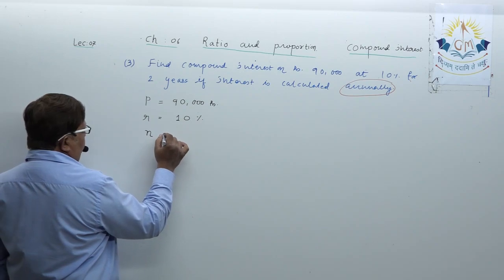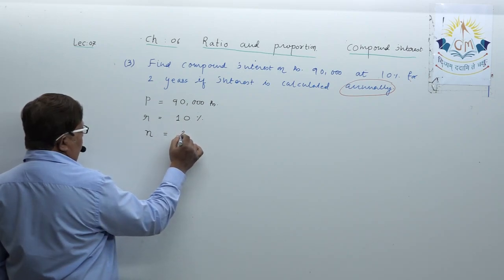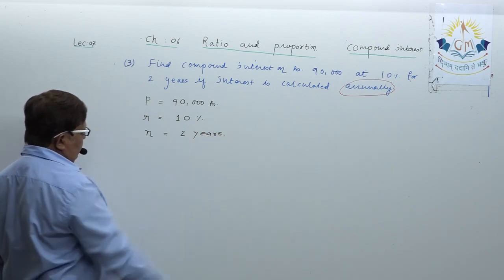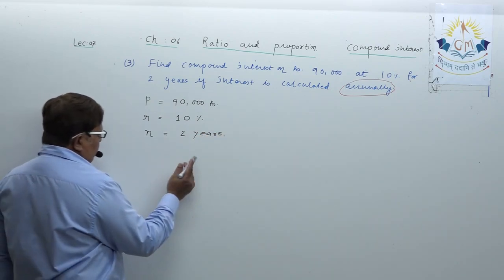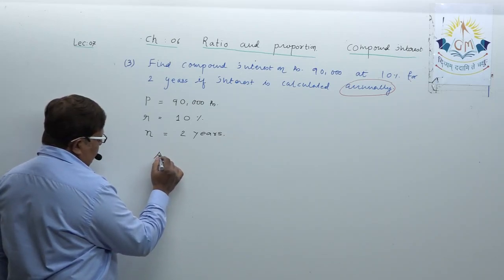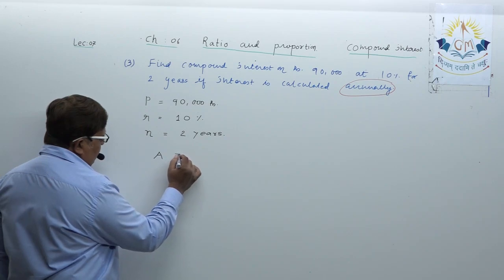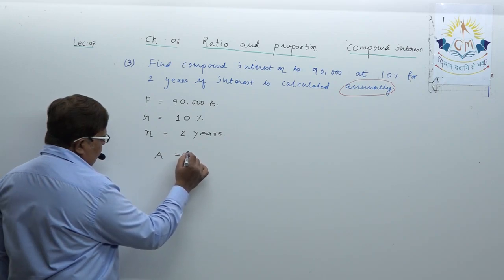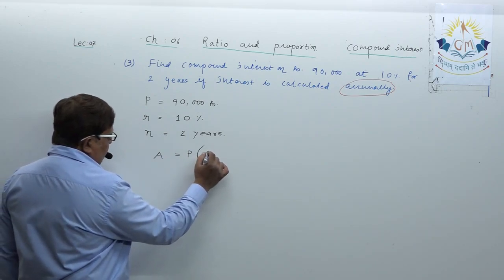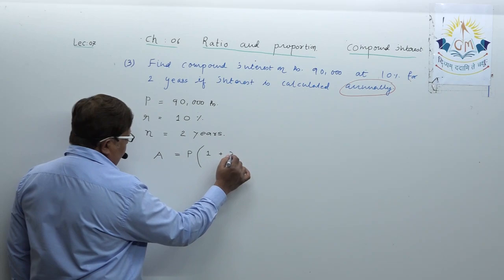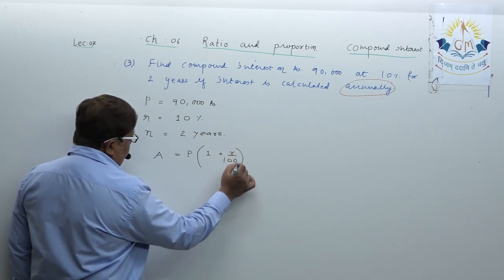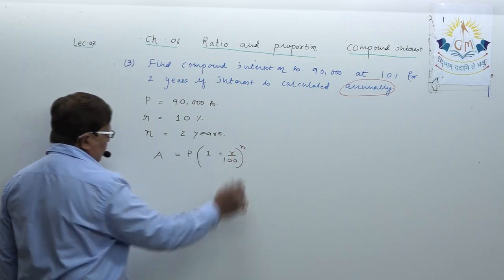And what is the period for which you are going to count the interest? 2 years. Okay, let us first write the formula. A equals to P into bracket 1 plus R upon 100 raised to n.